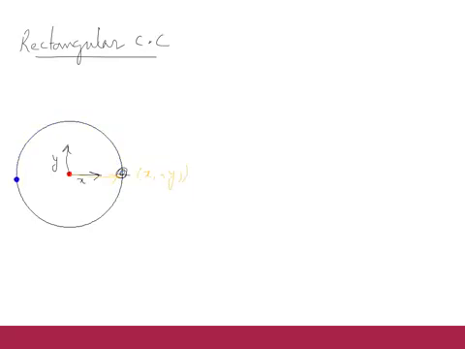Similarly, this particle moves from here to there. When it comes over here, at t equal to 1, its position can be defined as x2 and y2. So this is the position vector r2, this is r1.